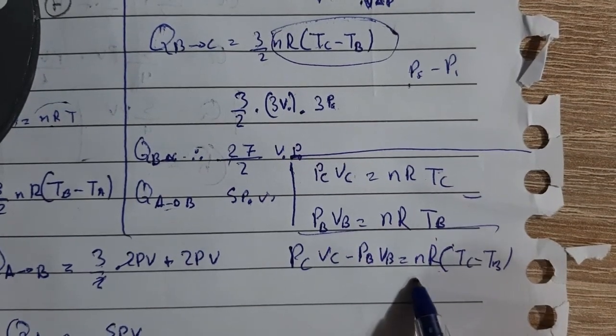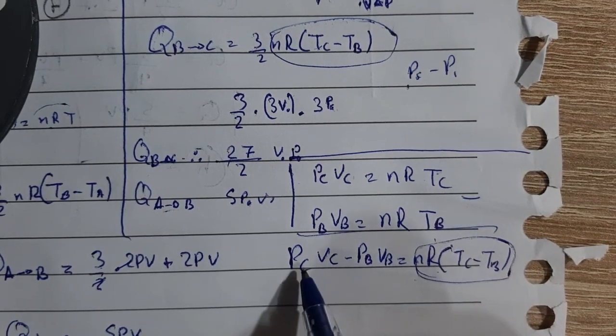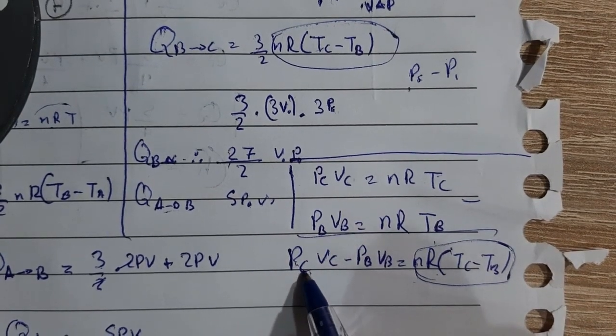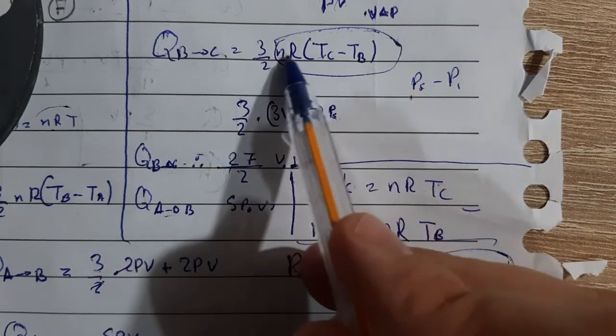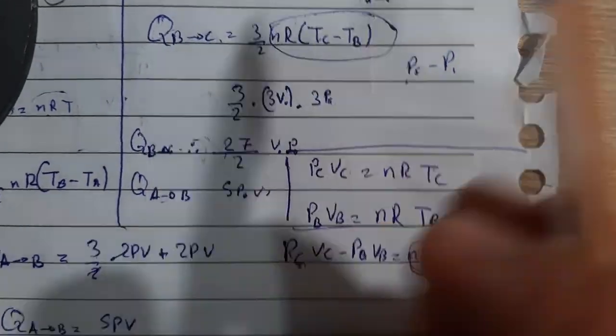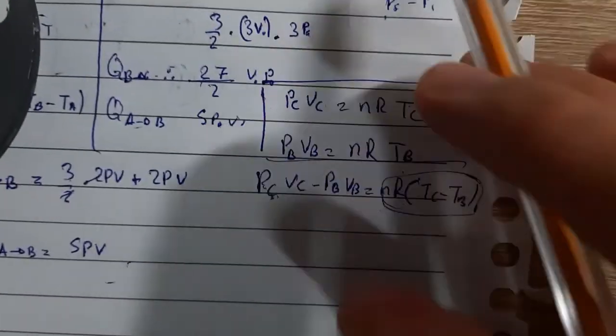Then you will find this part over here by putting the values of PC and VC, and you can find the same thing.